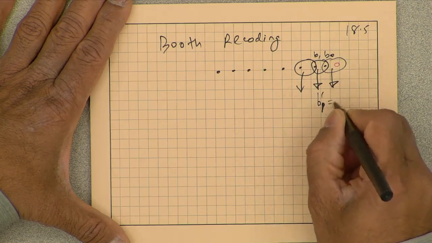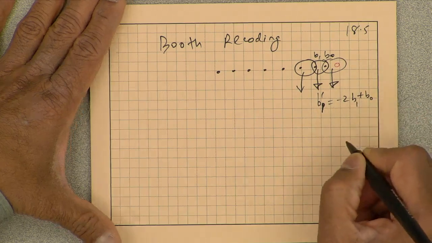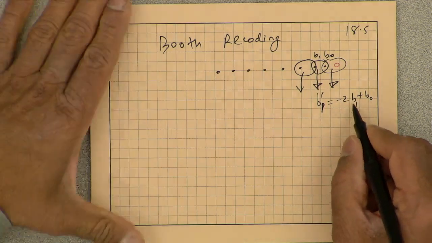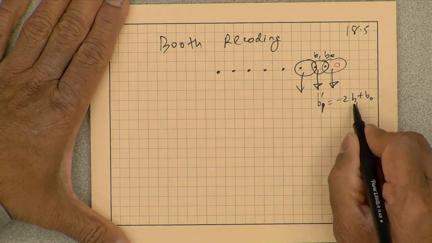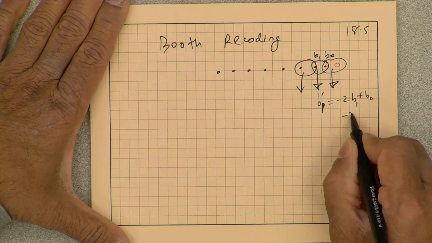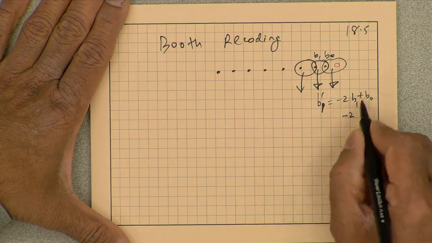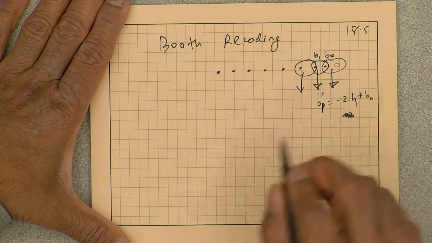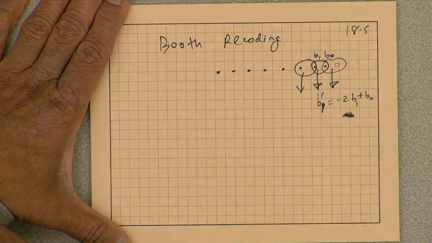We recode that to B1 prime, which would be minus 2B1 plus B0. I'm not quite sure if that was the formula, but even if I take that to be the formula, here is the thing: if you take 8 bits and you get back 8 bits, there is no reduction in latency.